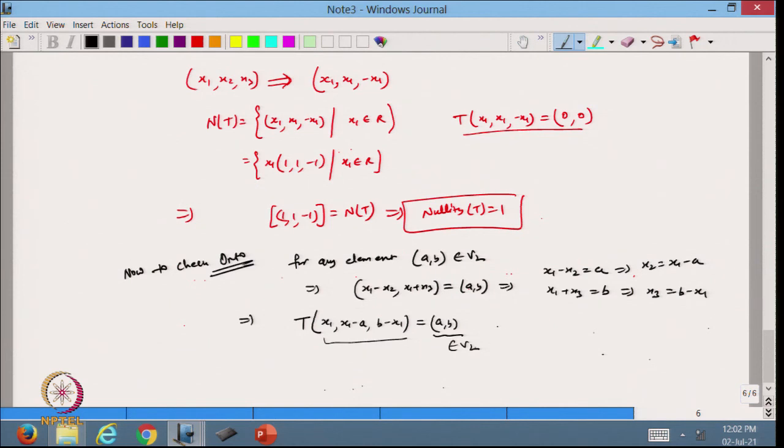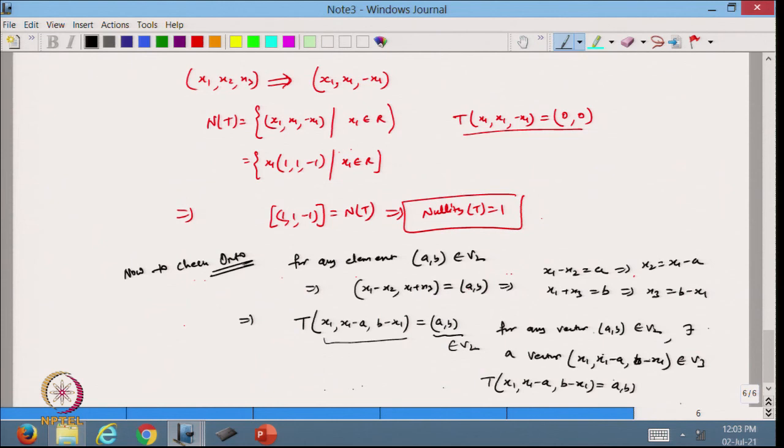So, it implies that for any vector (a, b) belonging to V2, there exists at least one vector, (x1, x1 minus a, b minus x1), belonging to V3 such that T of it becomes (a, b).